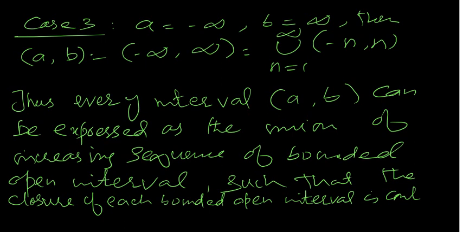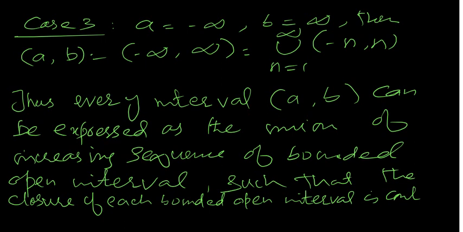You define f of x equal to n if xn minus 1 is less than or equal to x, less than xn, and then after that you define it n plus 1 for xn less than or equal to x and x less than b. This function is continuous on the interval a to x0.